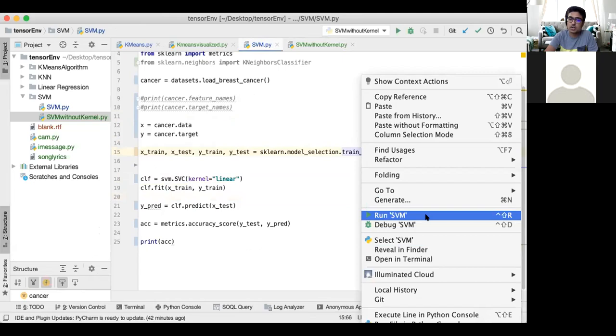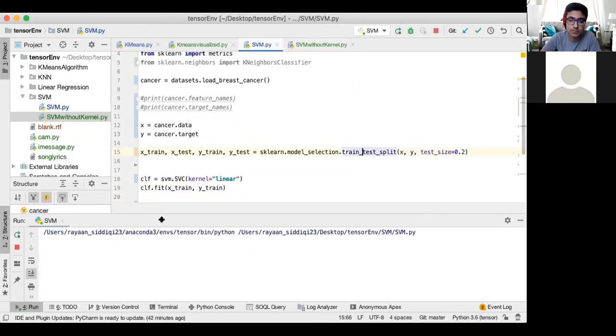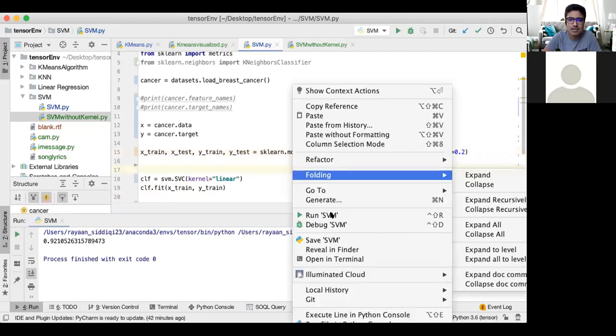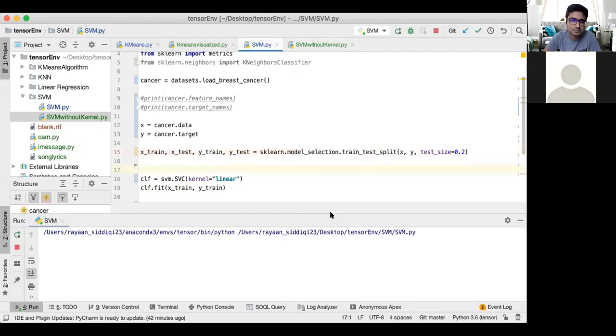If I use the same code, just applying a kernel, and run our data set, we get an accuracy of 92.1. So a bit similar to our other without kernel, but it looks like in this case our data set was probably not that large. If I run this again, let's see what happens. So we get a higher percentage accuracy score, nearly 94% as compared to that 91%.